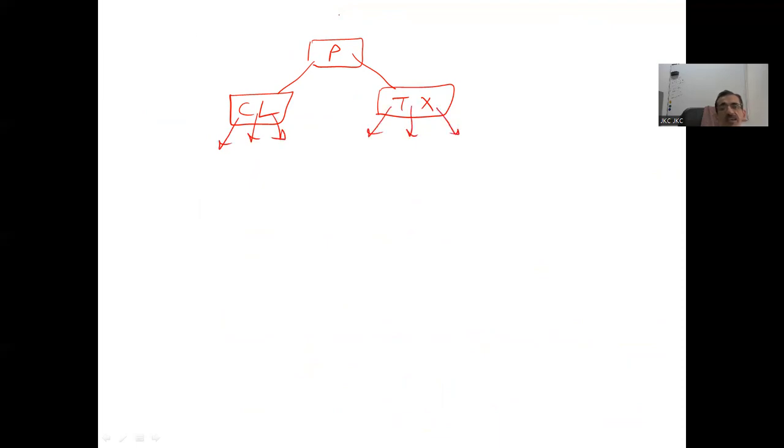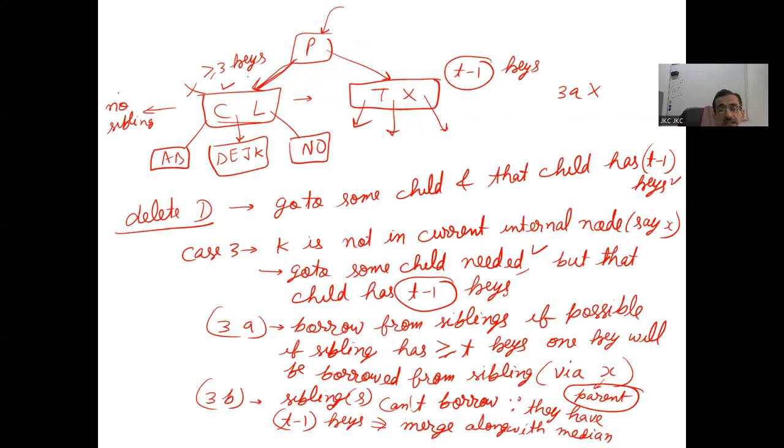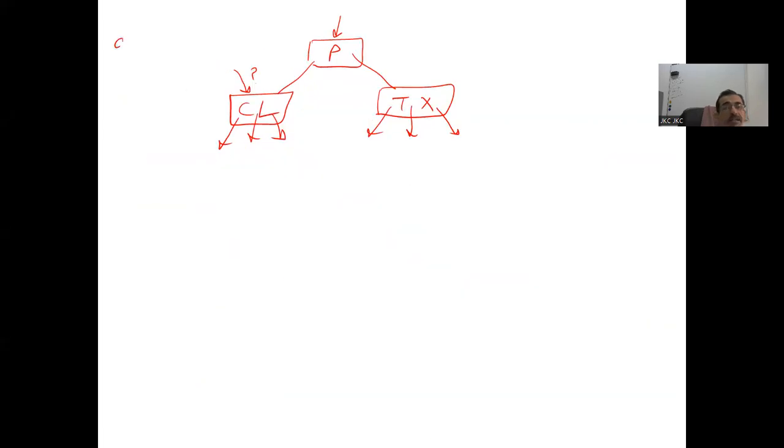But I say, going from here, if I am coming to this node, although I am trying to delete D, but delete D will happen much later. Coming to this node is not permitted. So this is going to become X, but X I can't come because neither X has T keys nor X's sibling has T keys. So even borrow doesn't happen. So I say this is case 3B.